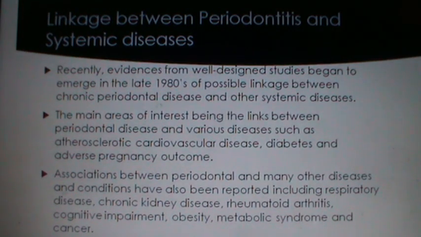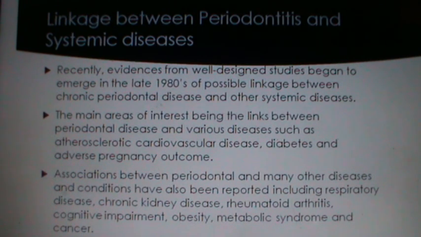Linkage between periodontitis and systemic disease. There is an association between periodontal disease and many other diseases and conditions which has been reported, including respiratory disease, chronic kidney disease, rheumatoid arthritis, cognitive impairment, obesity, metabolic syndrome, and cancer.